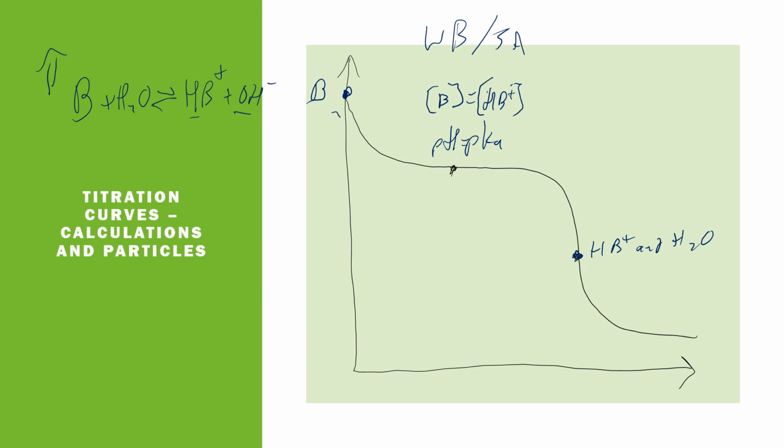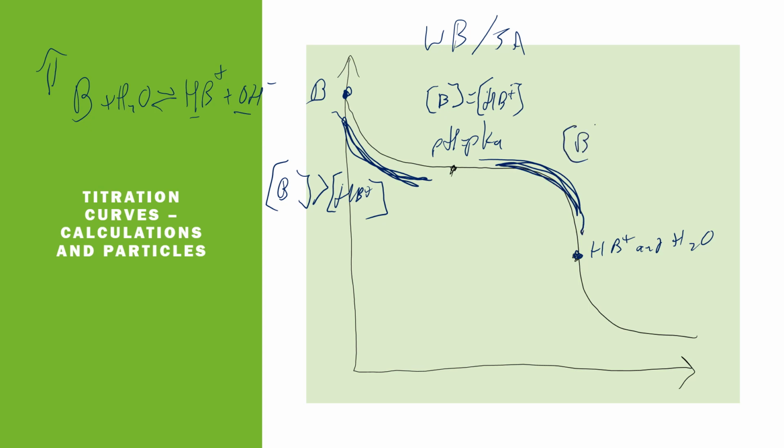So in this section, between the start and the half equivalence point, our pH is higher, so I know that I have more base than conjugate acid. And in this section in here, the pH is decreasing. I know I have more of the conjugate acid than the weak base.